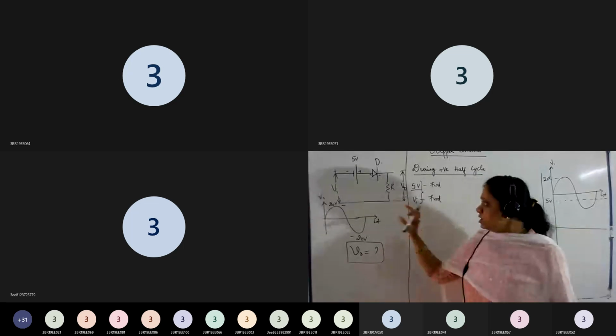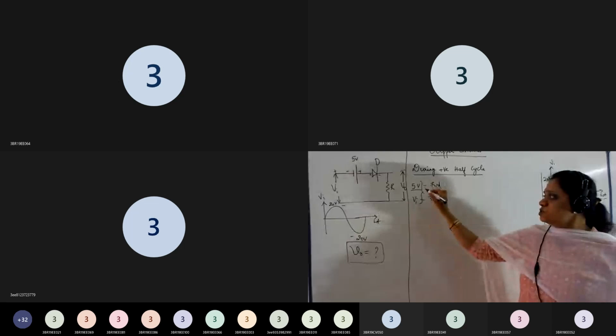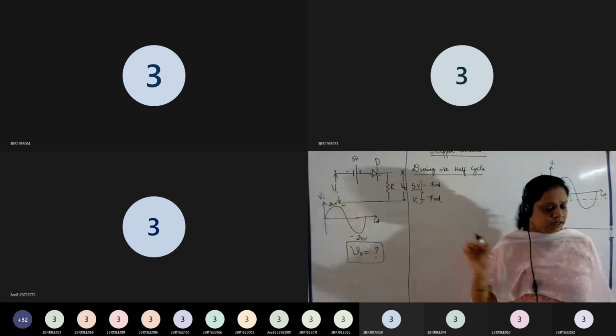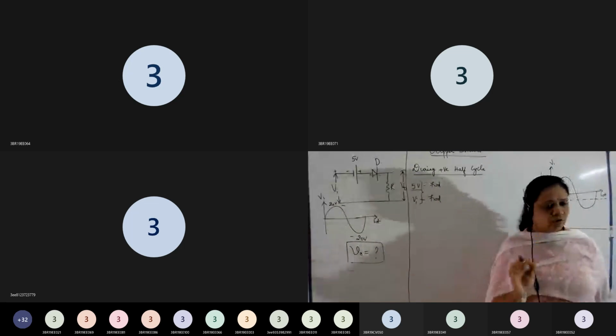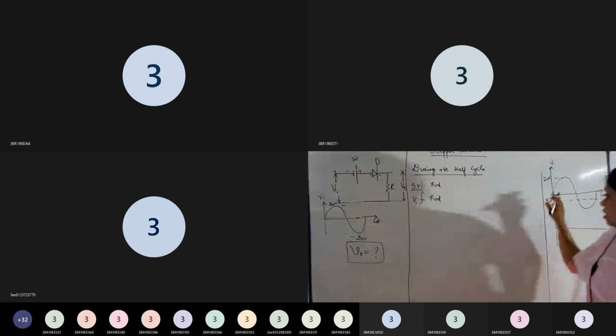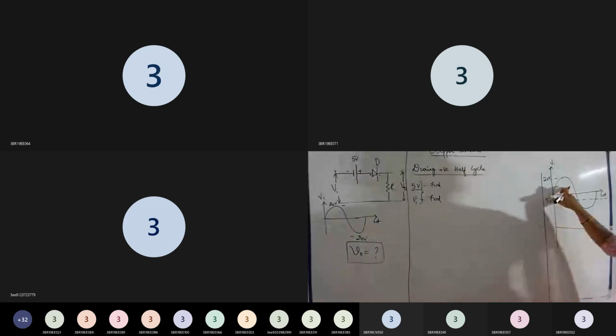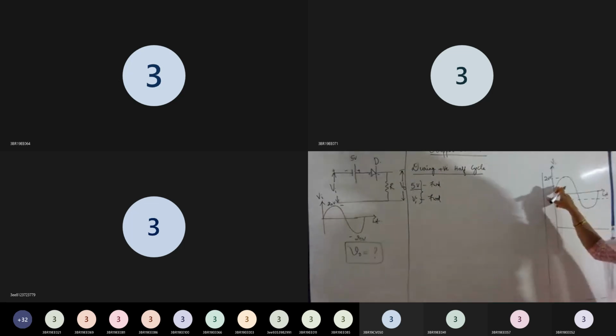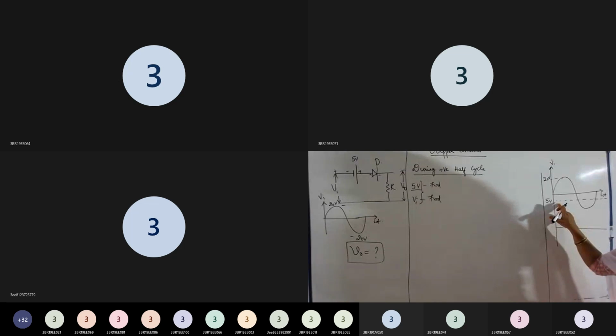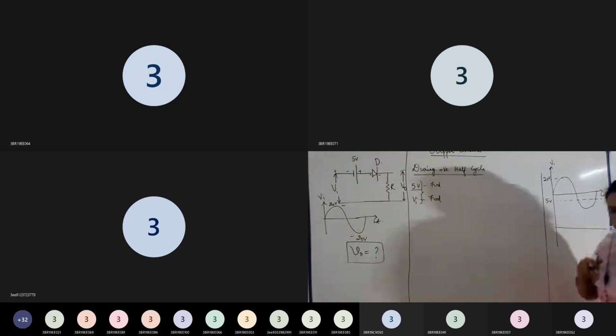In this problem, during positive half cycle, both sources are making the diode conduct. There is no opposition from the two sources, no disturbance here. So that 5 volt should not be written in the positive half cycle. It should be written in the negative half cycle. If you have understood this, we'll move forward.